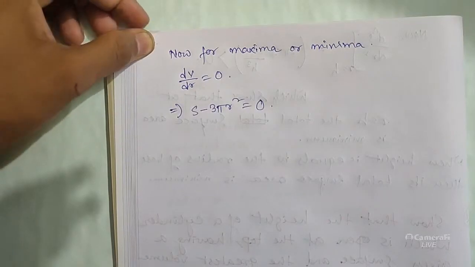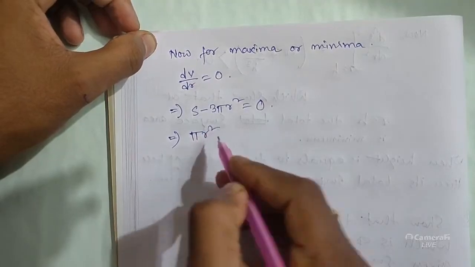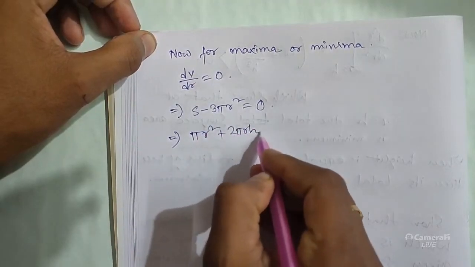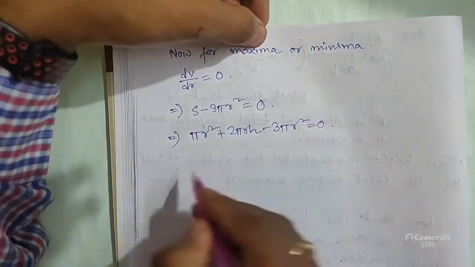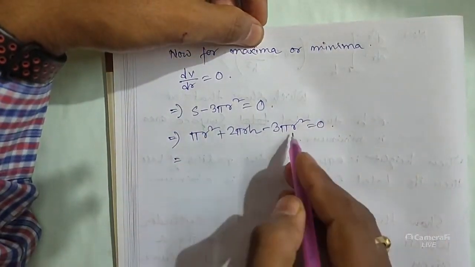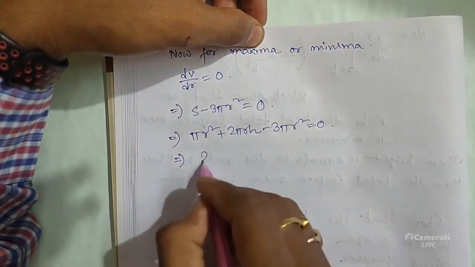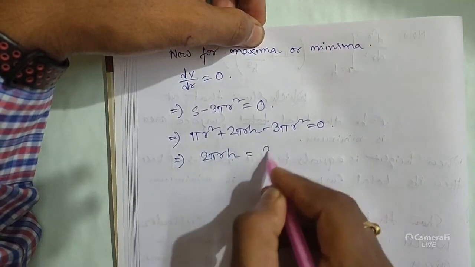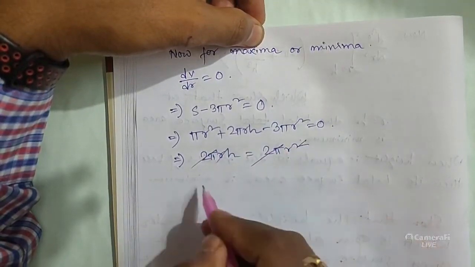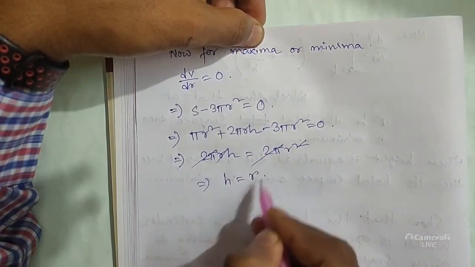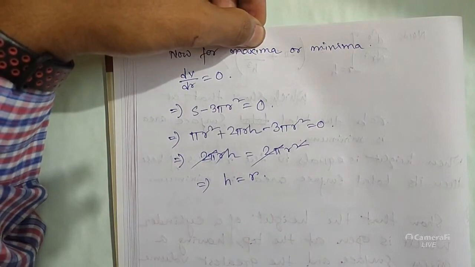Here if we put the value of S, we have pi r square plus 2 pi r h minus 3 pi r square equals 0. Pi r square minus 3 pi r square equals minus 2 pi r square, so 2 pi r h equals 2 pi r square. 2 pi cancel, 1 r cancel, that means h equals r. So this is the condition, h equals r.